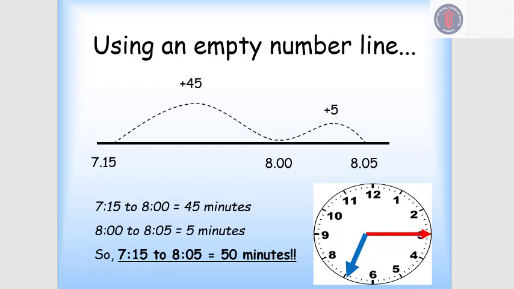So, again, we will use a number line. We will start at 7:15. The end will be 8:05. As you see on the clock, let me count it here. 7:15, 5, 10, 15, 20, 25, 30, 35, 40, 45 minutes until 8 o'clock.